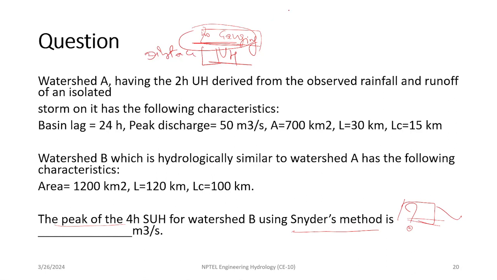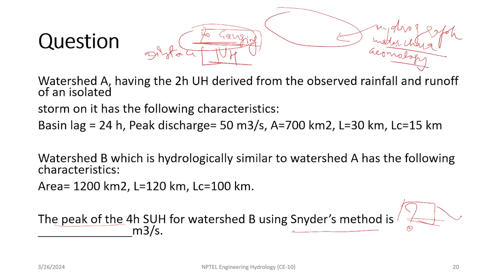But I have another catchment where I know the hydrograph information, and I also have information related to watershed characteristics and the geomorphology of this basin. Watershed characteristics account for everything: geomorphology, size, shape.